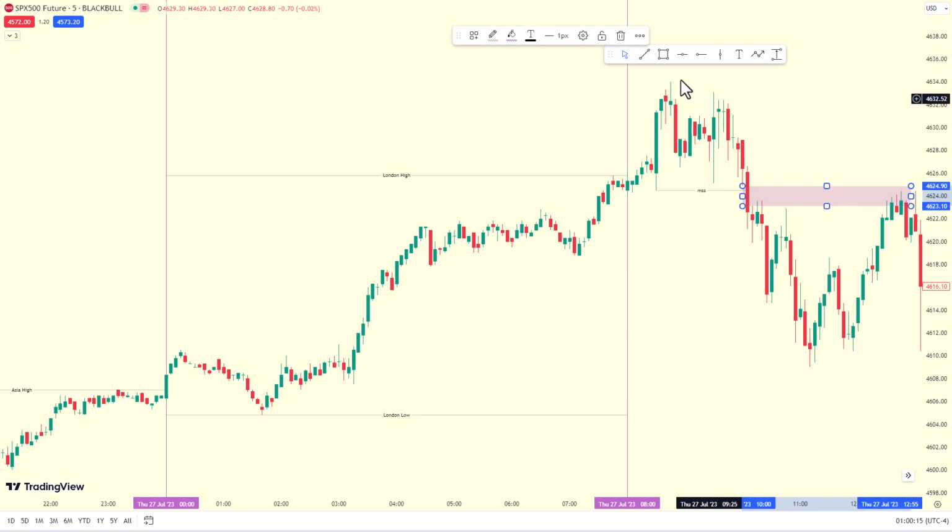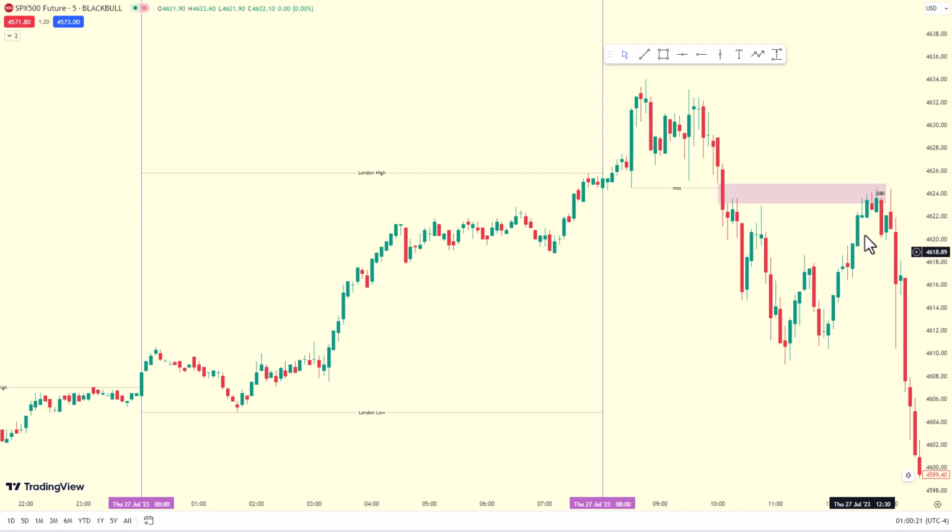So this fair value gap in the form of a sell side imbalance essentially held as we plummeted.